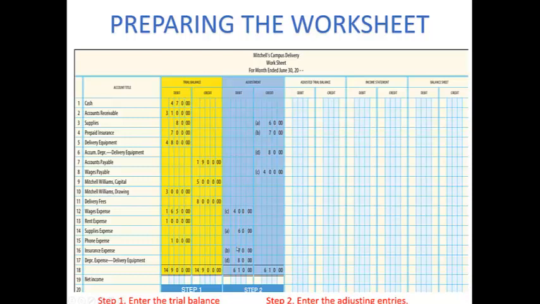Then we debited insurance expense and credited prepaid insurance. We debited depreciation expense and credited accumulated depreciation. And then we debited wages expense and credited wages payable. So in the adjustments column, that's what you will find, the adjustments to the 4 accounts that we just learned.